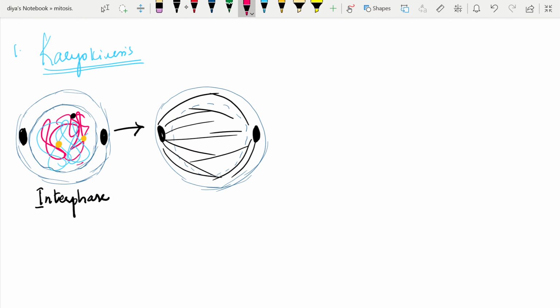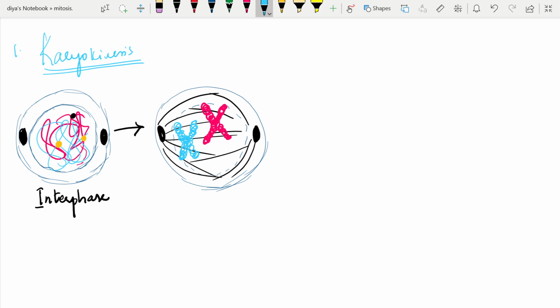Now they are in a thread-like structure, and they start to condense into a distinct shape. They are now condensed. This is the first chromosome and this is the second chromosome.